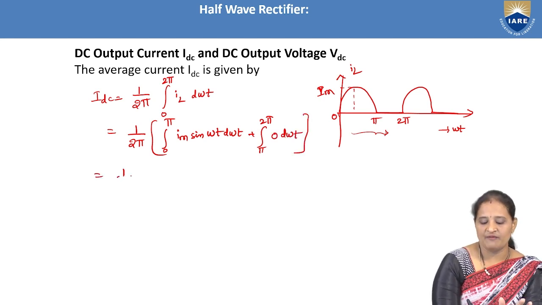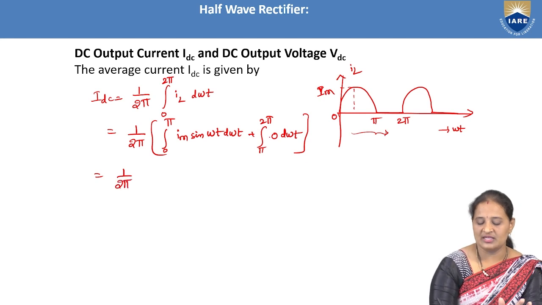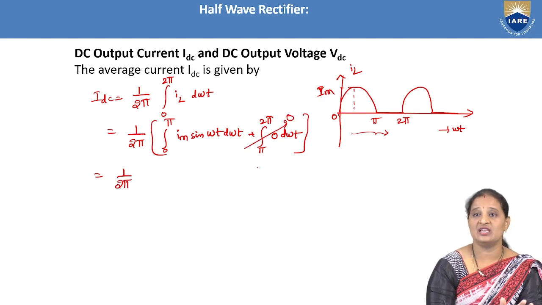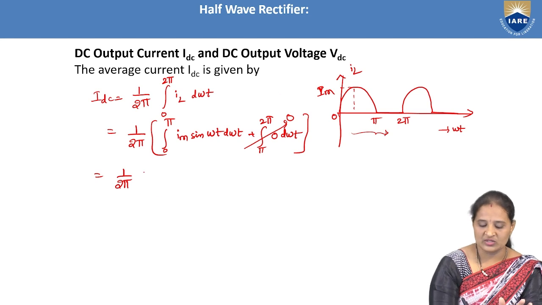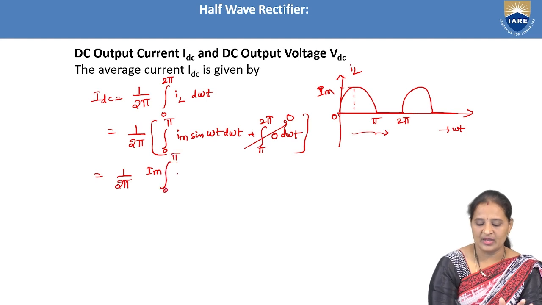This one becomes 0 because IL is 0 during pi to 2 pi. Now let us take Im as constant out: 0 to pi sine omega t d omega t.